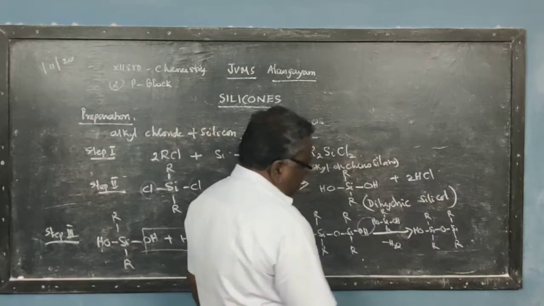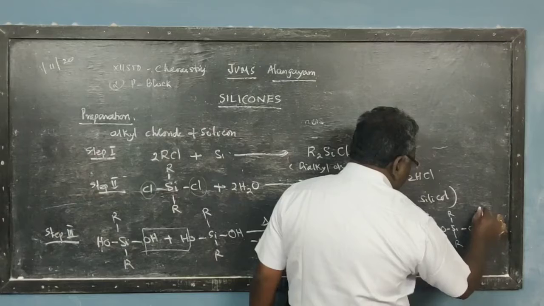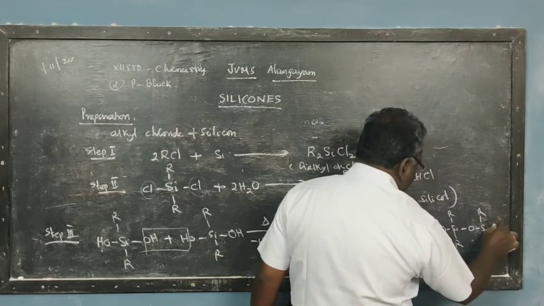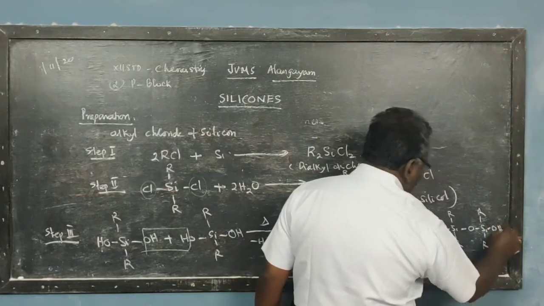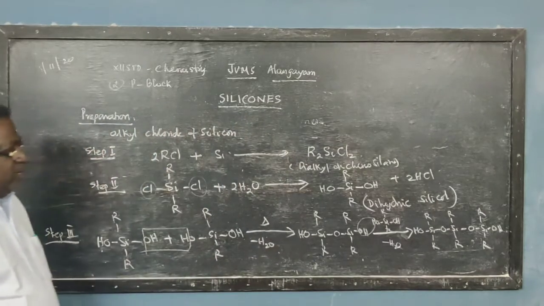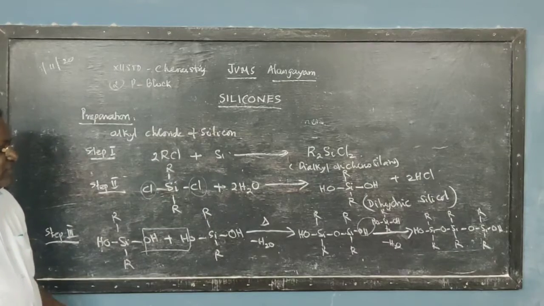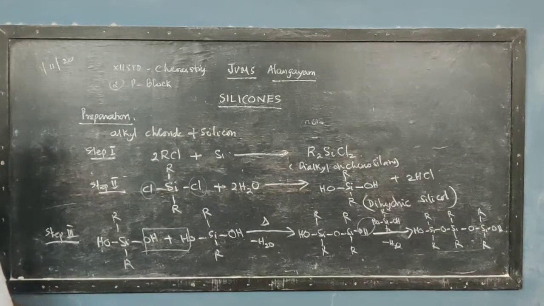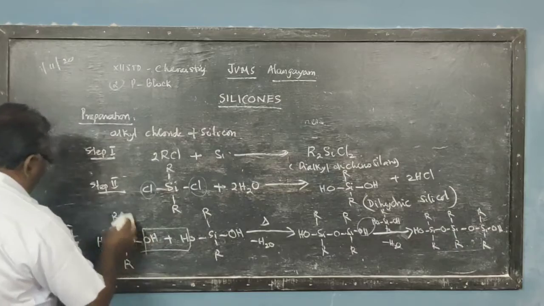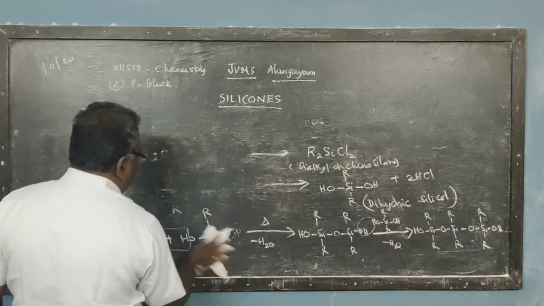Right? And one more unit is getting joined now. Like that, it can continue n number of times and we get a long chain of compounds. So this is called linear silicones, right? So these are the three steps using which you can prepare the silicones.